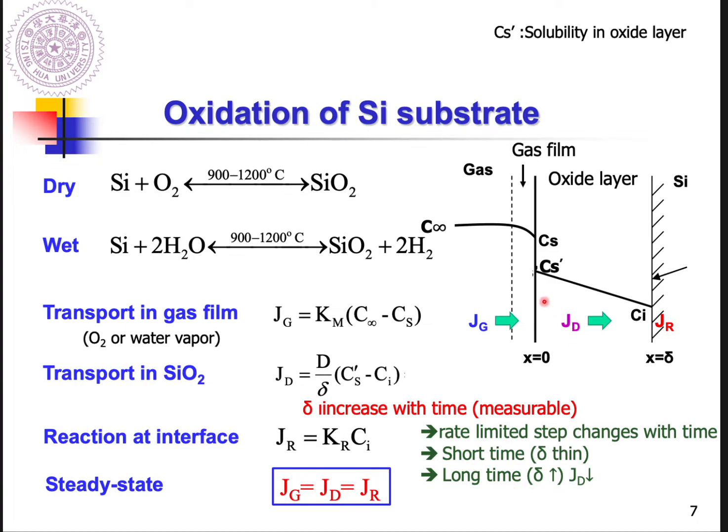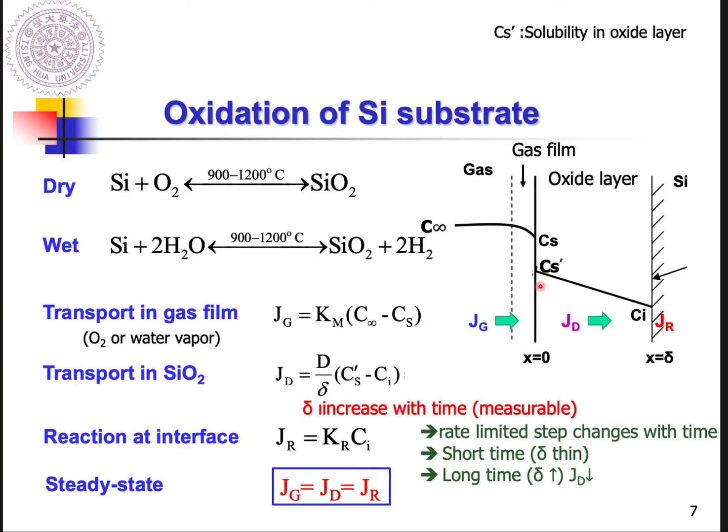Because this step is very slow, because the thickness of the oxide layer gets thicker and thicker. But for a shorter time, this step probably would not be the limiting step, because the thickness of the oxide layer is very thin, right?